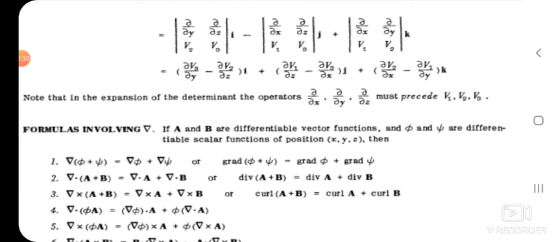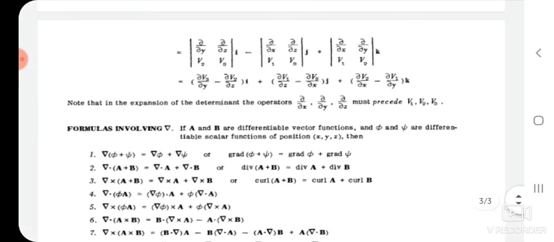Actually, this is the expansion of the determinant; the operators ∂/∂x, ∂/∂y and ∂/∂z must precede v1, v2 and v3.